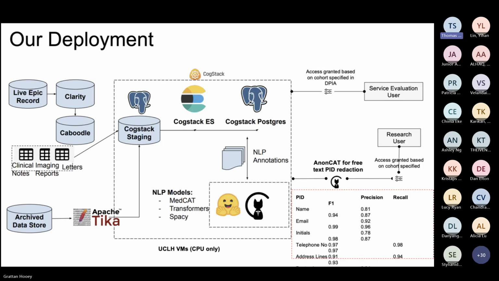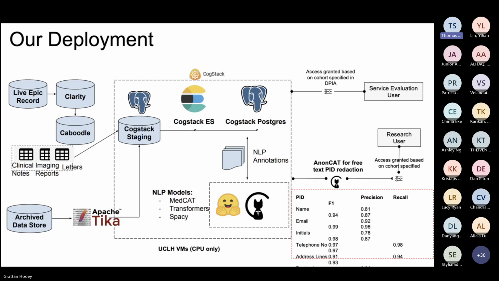Then once it's in that lake, we have a series of NLP technologies which can interact with and interrogate that data, structuring it and putting it back into the record, making it available for search or downstream applications. What you're seeing on the right-hand side is the typical type of clinical user that approaches CogStack for collaboration.